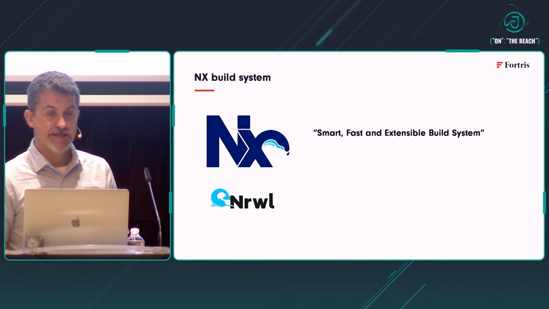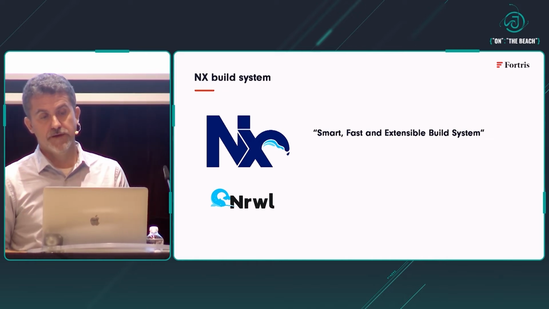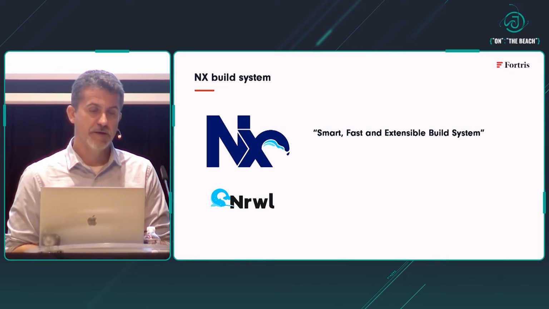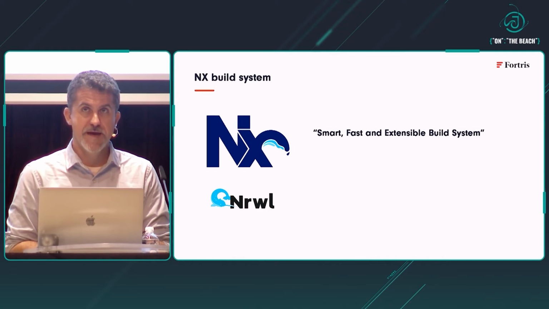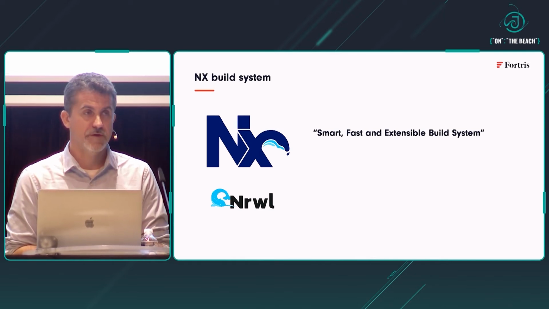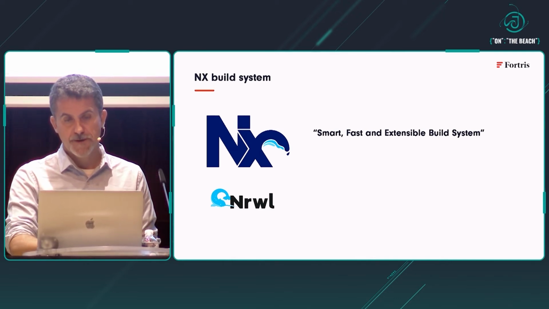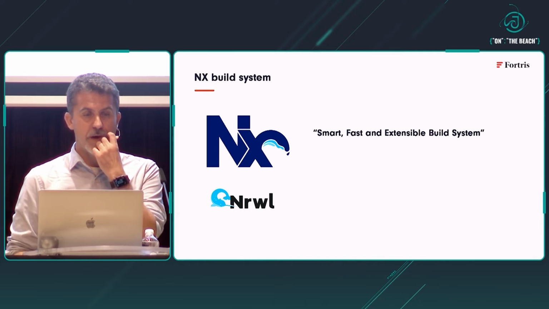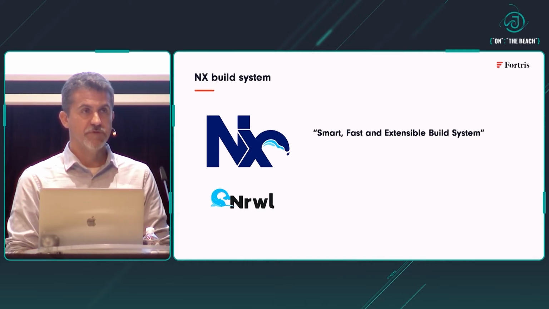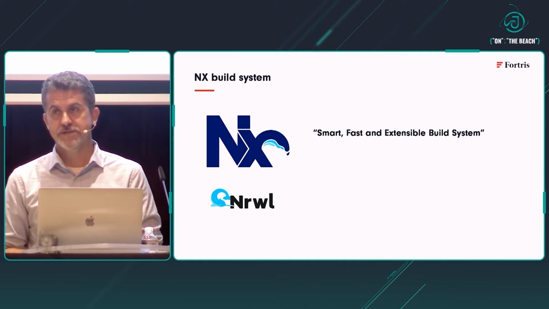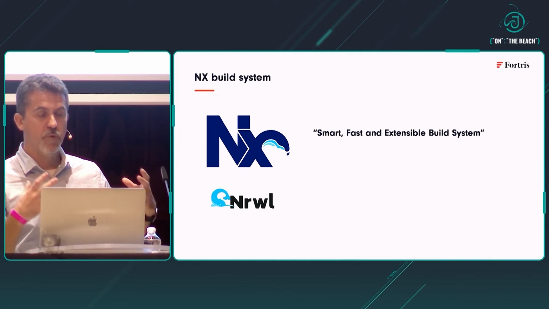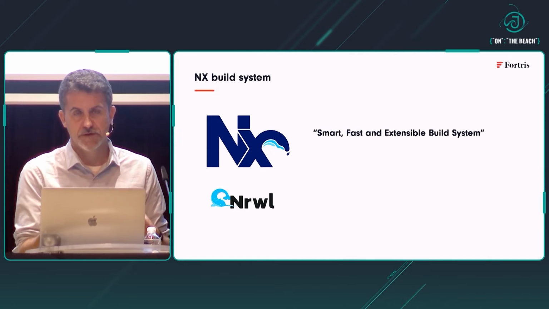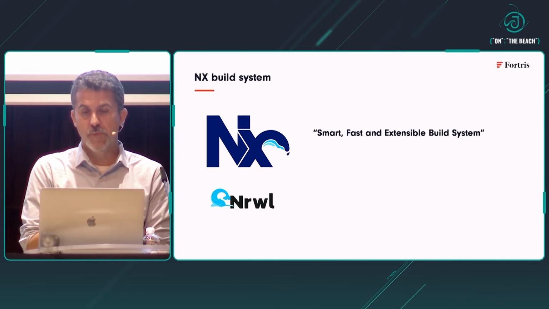So NX is a tool created by the Narwhal company, that was founded by some ex-Angular team members. It allows us to create monorepos, creates a workspace for us, and saves a lot of boilerplate for the developer.